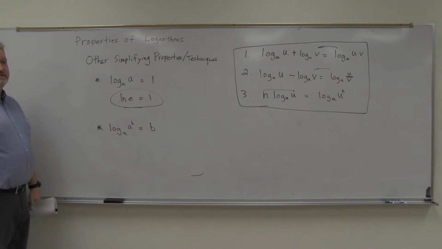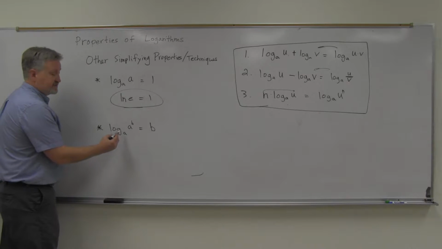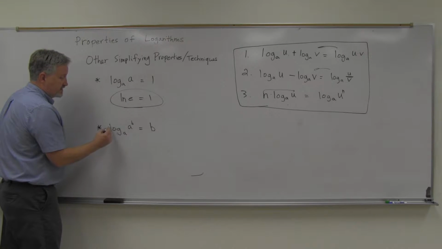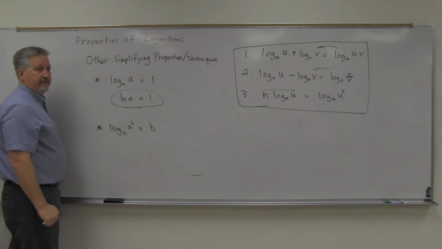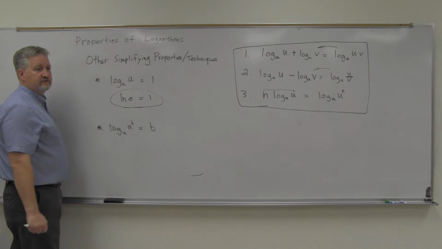What this is basically saying is that the log base A and the base A here cancel out. It's kind of a cancellation, and you just get B out of it.